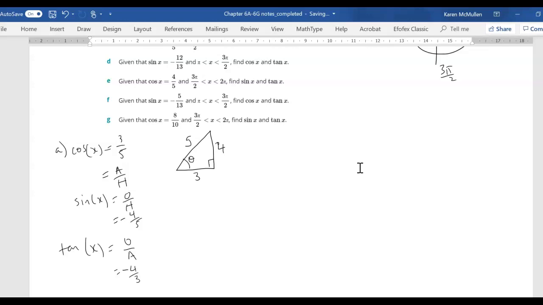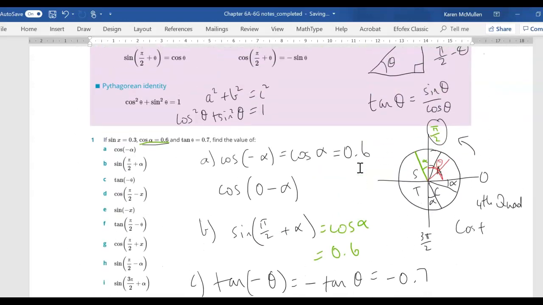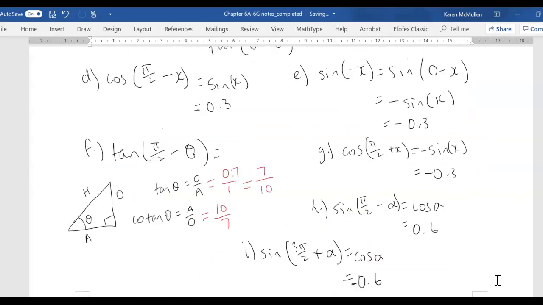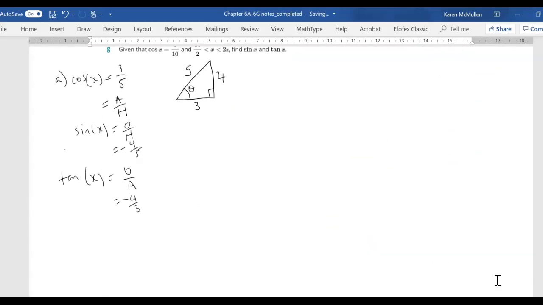Now you could also use your Pythagorean identity. Okay, so you could use this. All right, so let's just solve one of them because I don't want to be here forever. So if I just rewrite it, sine squared theta plus cos squared theta equals 1.